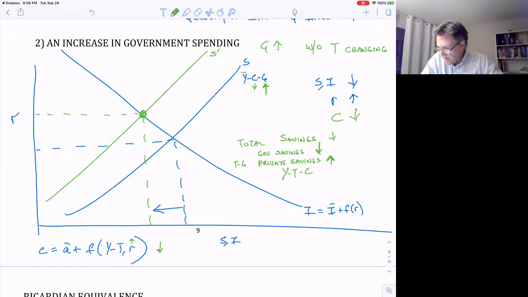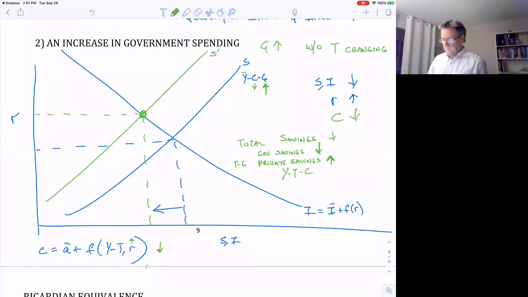And that's because the government savings is going down more than private savings is going up. So remember, consumption is only falling because the interest rate is going up. There's no G in the consumption function here. And that means as the interest rate goes up and consumption falls a little bit, savings goes up by the same amount. The consumption fell.